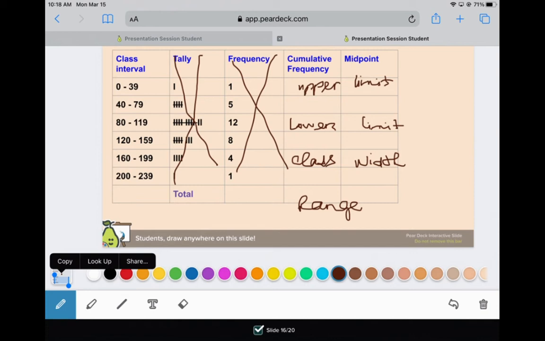Hilden, class width range is correct. For the number that you listed, can you tell me which one is the upper and which one is the lower limit? I think you sort them out correctly. I just need you to label which one is which. Yes, the lower limit is correct. That's good.